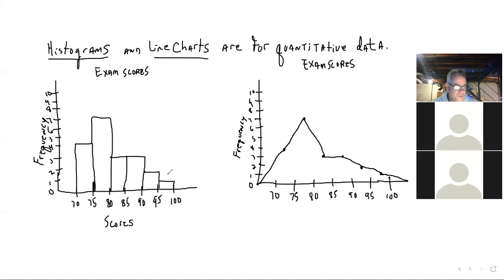There is also what is referred to as a time series graph. On a time series graph, it's a line chart or histogram in which the horizontal axis represents time.